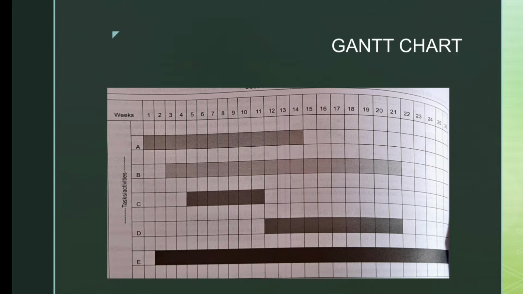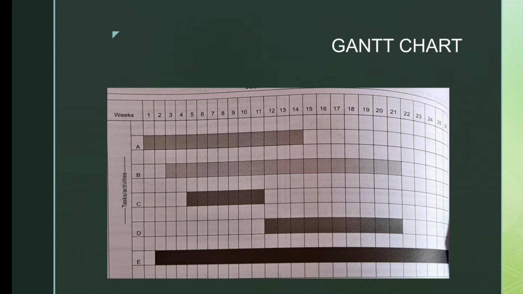The vertical axis shows the activities of the project, A, B, C, D in the picture. List the tasks sequentially and in chronological order. Then the event task bar depicts the starting time and finishing time of the event. Here you can see that task A started in the first week, task B in the third week, and task C in the fifth week, with an end time for each task.